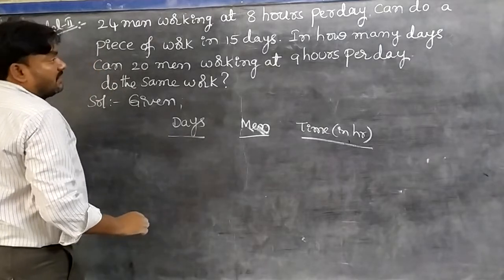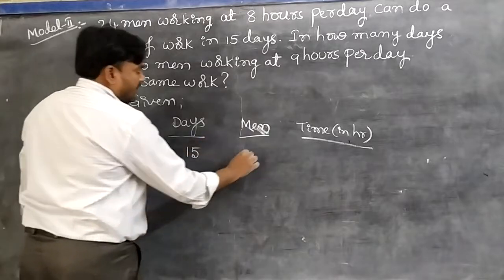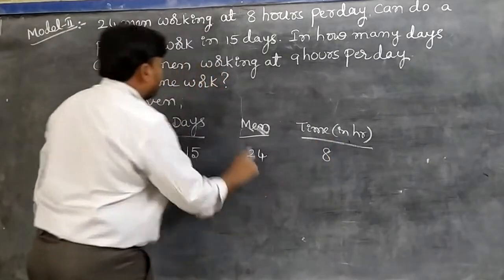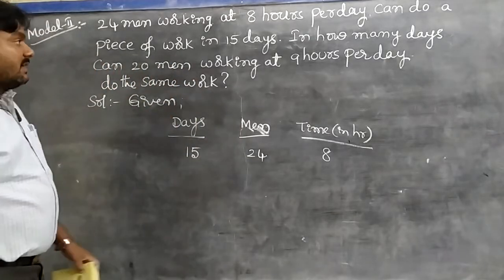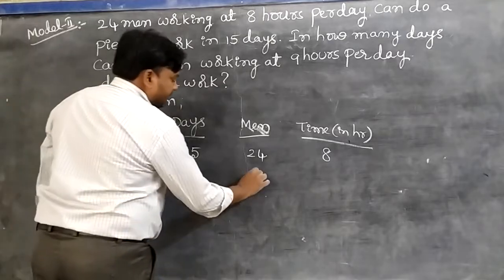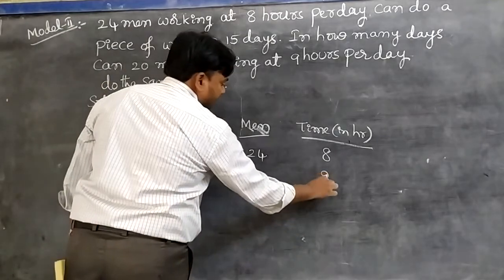Days. Okay. 15 days, 24 men, 8 hours. First line, first two lines. Next, how many days means x is taken. Next, 20 men. Next, how much time? 9 hours.